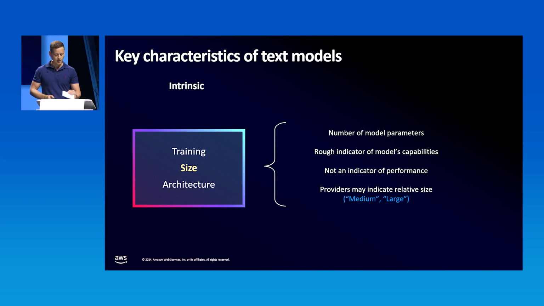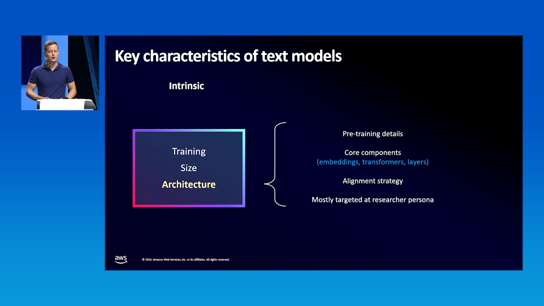Then we have the size. So the size refers basically to the number of parameters that the model contains. And it reflects as well the model's capacity to learn and represent complex patterns and relationships within the training data. The size by itself is not representative only of the performance of the models. There are other factors that need to be considered.